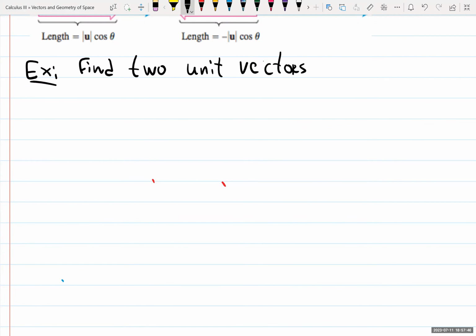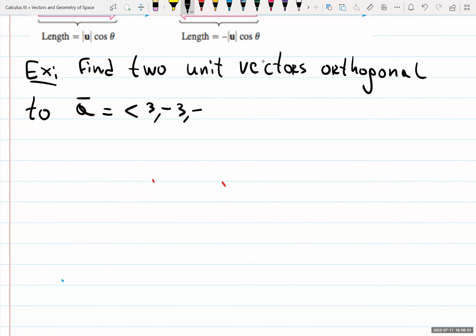They want them to be unit. Orthogonal, which is perpendicular, right? Orthogonal to the given vectors A, 3, -3, -5, and B, 4, 4, -2.